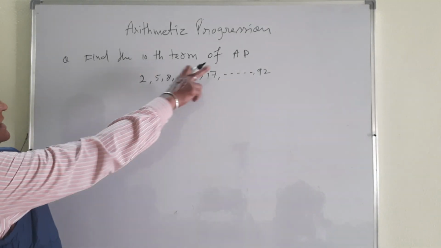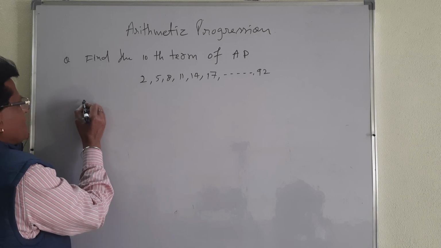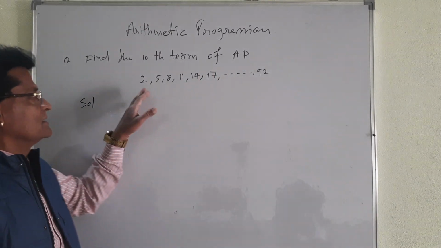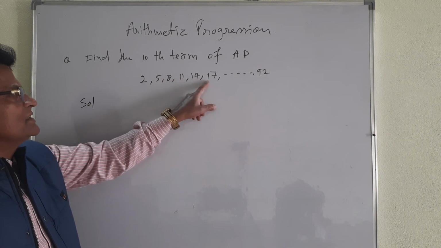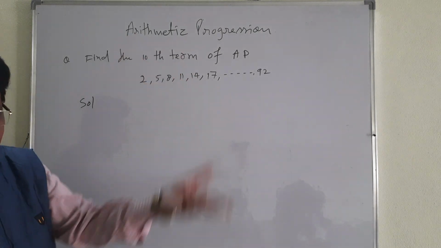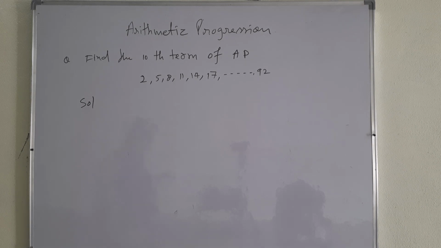Okay, you find the 10th term of this AP from the beginning. There will be two types of things. From the starting, I am going to find out the 10th term. You see, 1, 2, 3, 4, 5, 6. You can find out either the 10th or more than 10th. If you want to take another term, I have given 10th over here.